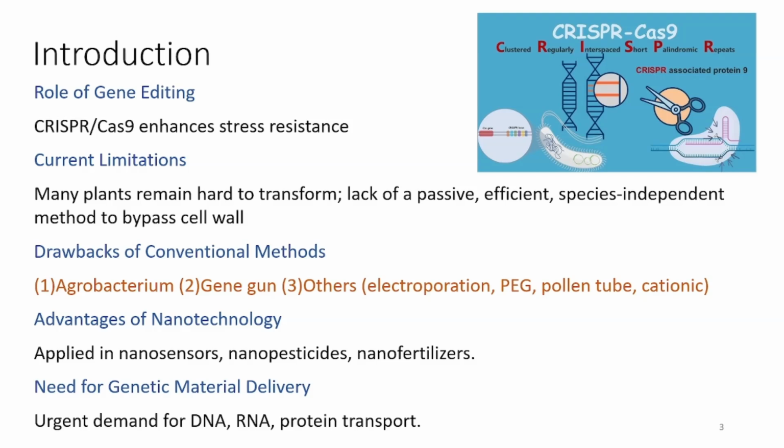Conventional methods such as Agrobacterium, gene gun, and PEG-mediated transformation suffer from low efficiency and tissue damage. In contrast, nanotechnology offers tunable nanoparticles capable of penetrating cell walls and membranes to deliver DNA, RNA, or proteins.